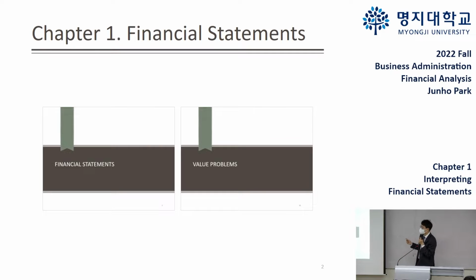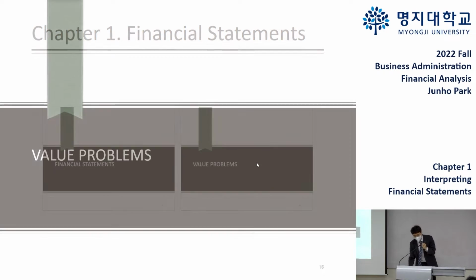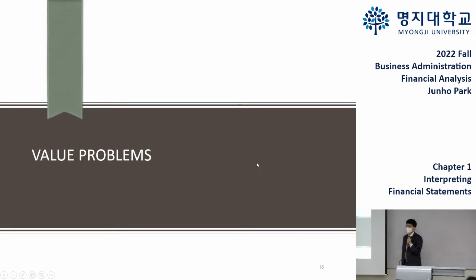And today we are going to study the second part of this chapter, which is the value problems. So basically, financial statements are written in the language of accountants, and they are accounting information.